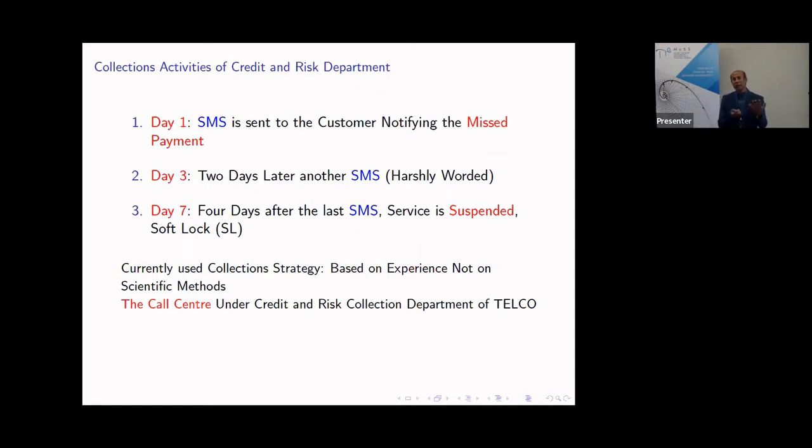Of this 5,000, 1,000 people pay, but still 4,000 people will be subject to the soft lock on day 7, the 29th.